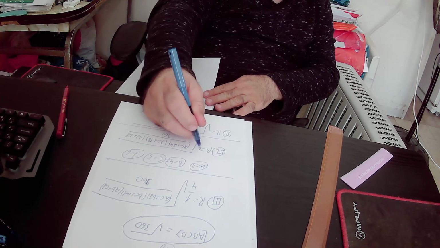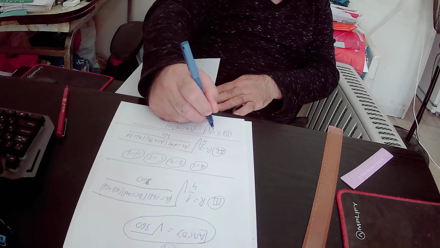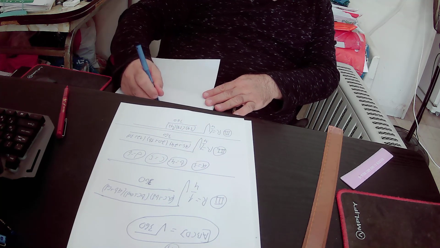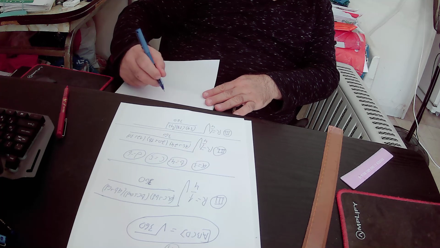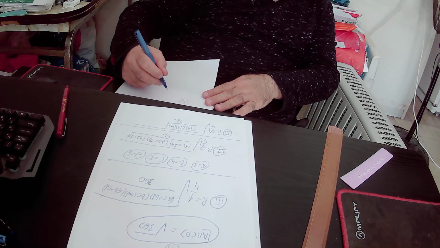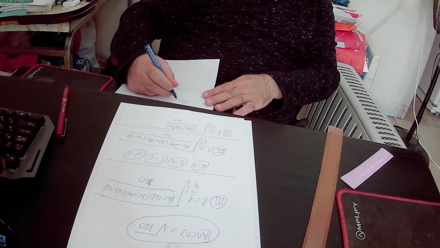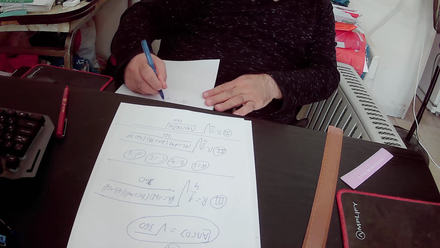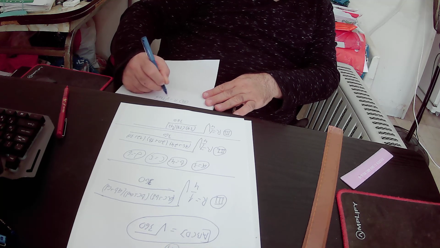Is it 1 over 4, 1 over 4, and 1 over 4? So we found out that the radius of the circle equals the root of 172.9 over 4 units.